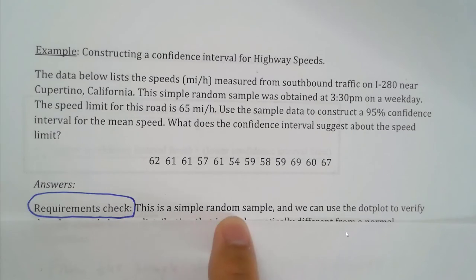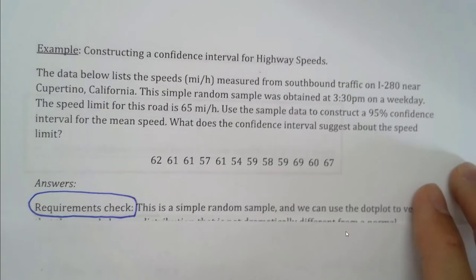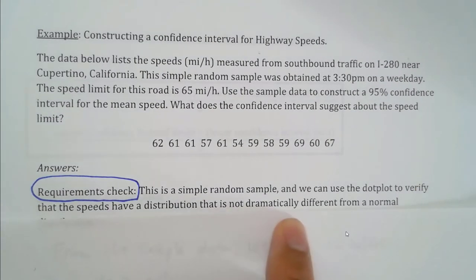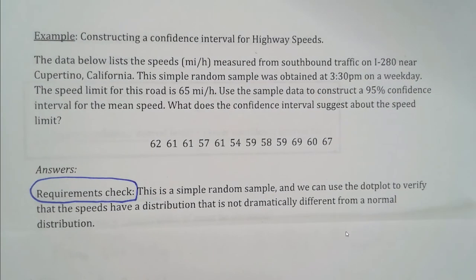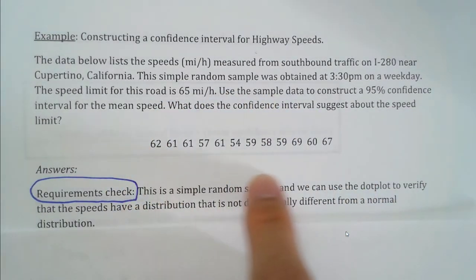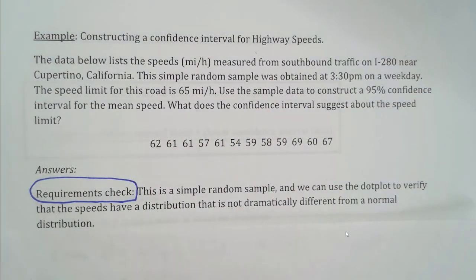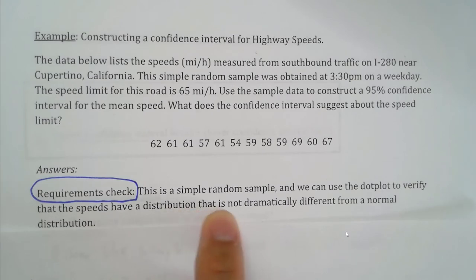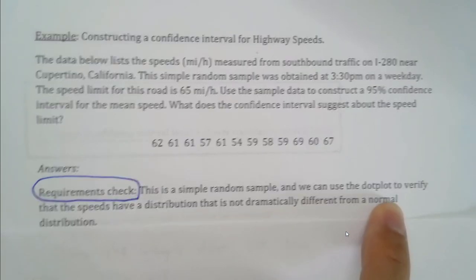So this one is already a simple random sample, and we can use the dot plot to verify that the speeds have a distribution that is not dramatically different from a normal distribution. Now, because we only have 12 data points, n is less than 30, so we need the population to be normally distributed. Or you can use the dot plot to verify that the speeds have a distribution that is not dramatically different from a normal distribution.